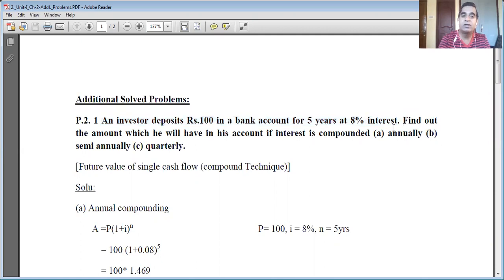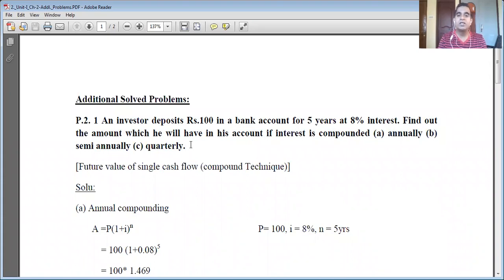So find out the amount which he will have in the account if interest is compounded annually, semi-annually, and quarterly. So there are 3 cases where you have to find out the future value.